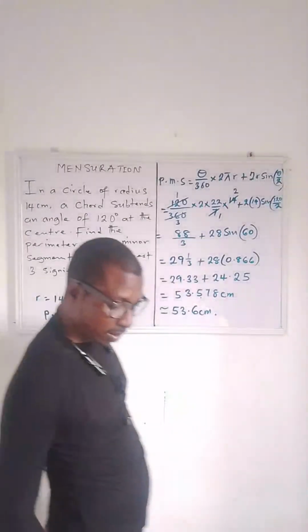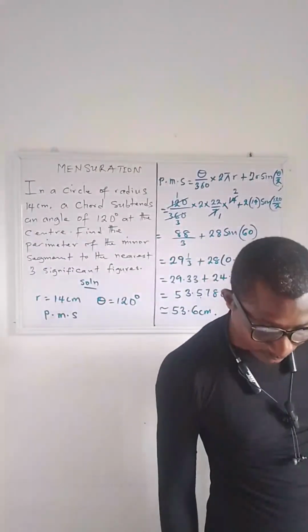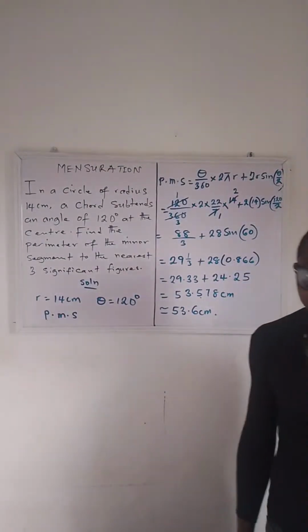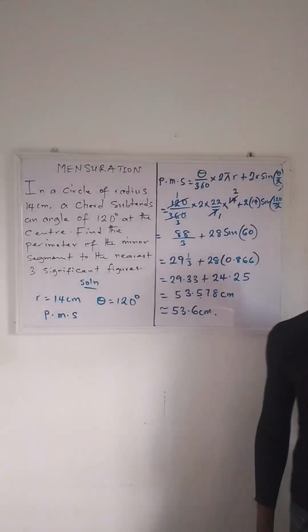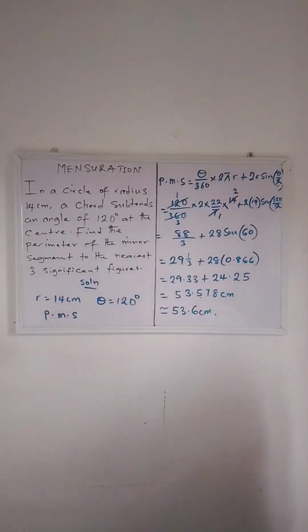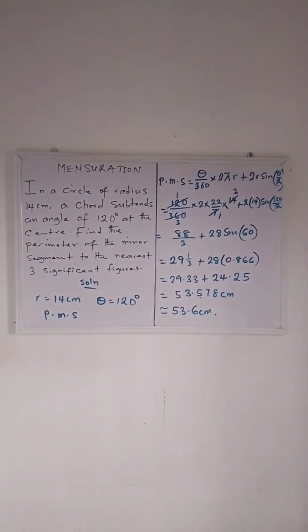Okay, so before we move down to the next thing, if you have any observation or question based on what we have on the board, please drop that in the comment section. Any observation, any question based on what we've done?